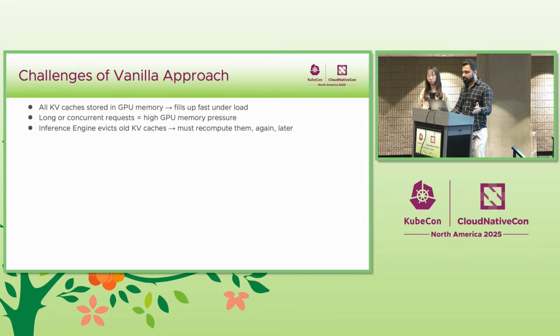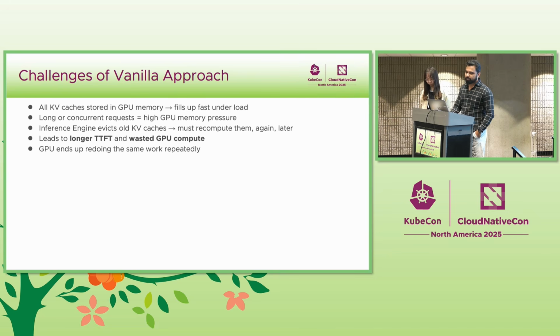If the same request comes again, it has to process the entire request you sent and generate that KV cache again. The downside is that time to first token increases, and the GPU is redoing the same work it has already done. This inefficiency compounds really fast.